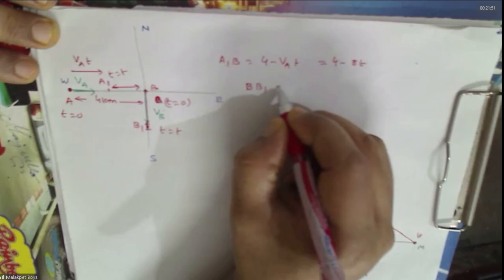How much is it? What is the speed of that ship B? 60. Do you agree with this? Any doubt till here? Hello? A1, B1, no?